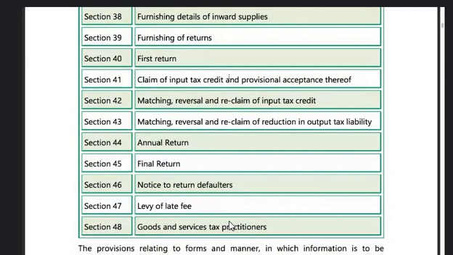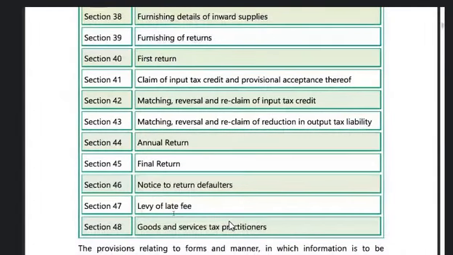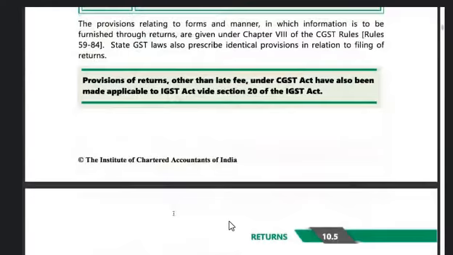Section 42, matching, reversal and reclaim of input tax credit. Section 43, matching, reversal and reclaim and reduction in output tax liability. Section 44, annual return. Section 45, final return. Section 46, notice to return defaulters, and section 47 is for levy of late fees. And goods and services tax practitioners, section 48.